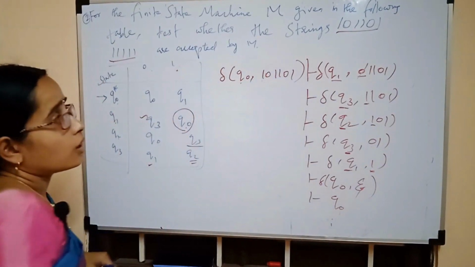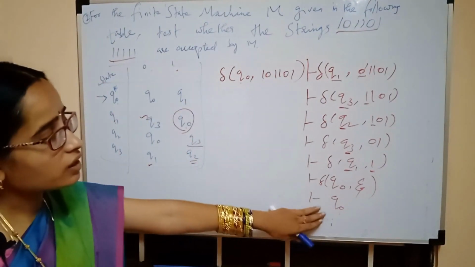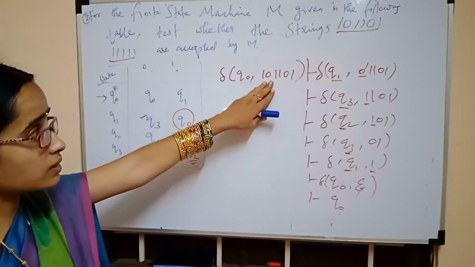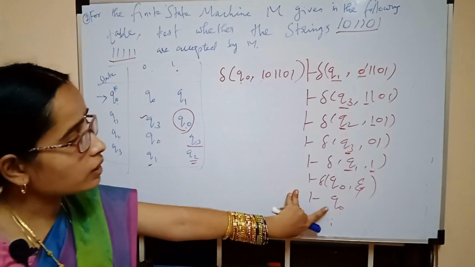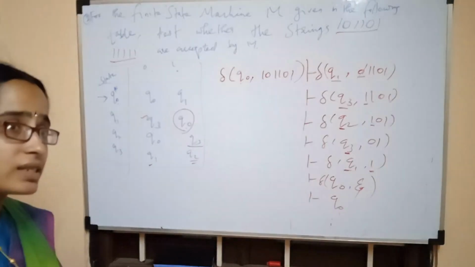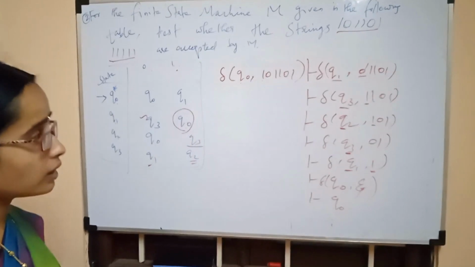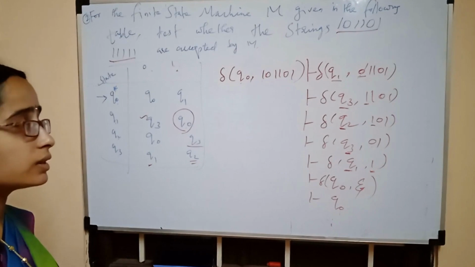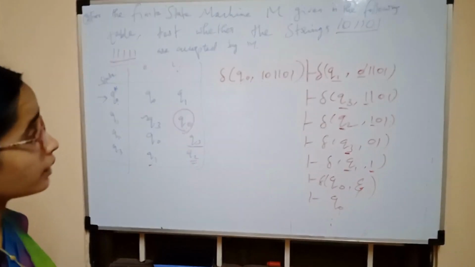Okay, so now you have processed the given string and reached the state q0, and you have to check whether the state is a final state or not. If it is final, the input string is accepted. If it is not, then we will not say it is accepted.